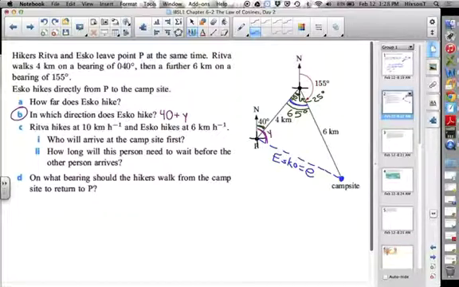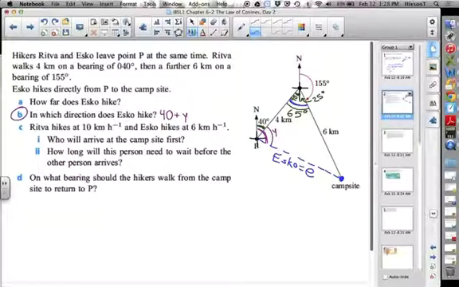But we don't know what this is, because it goes down below due east, and we don't know how far down it goes. There are a number of things you could do, but since we need this whole part here, we'll find that angle in the triangle, and then add it to the 40.